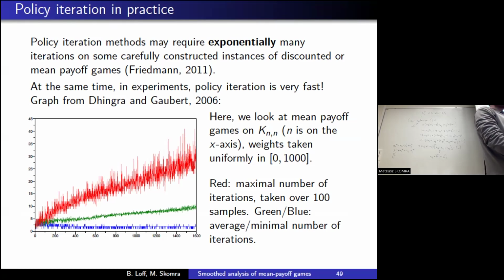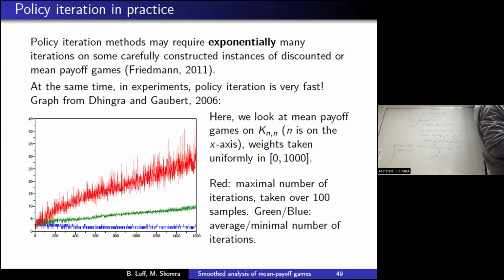Okay. So this is interesting, right? On the top of a slide, I tell you that policy iteration methods may require exponentially many steps or sub-exponentially many steps, and there is a whole group of people who find such examples.